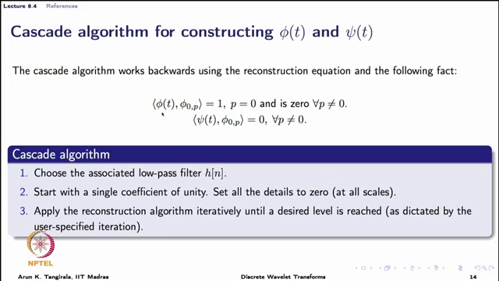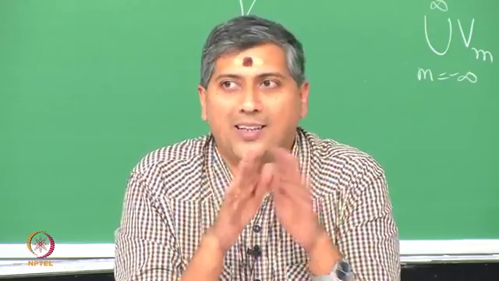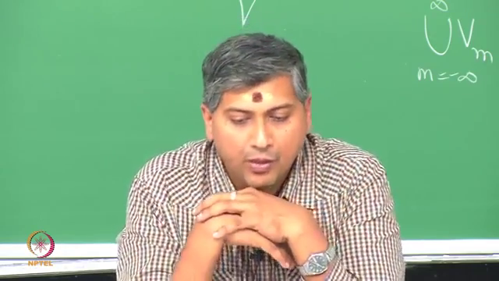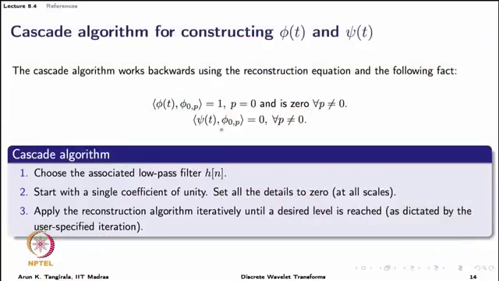So, the inner product between phi of t, the continuous scaling function, and phi of 0 comma p, that is its own translate, in other words, is another way of saying that phi of t is orthonormal. That is the property that I am using, but I am rewriting it as an inner product. And I also use the property that phi and psi are orthonormal at any scale, and here I am choosing 0 scale.